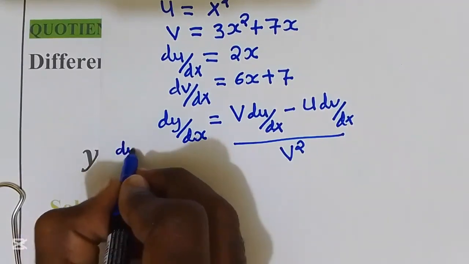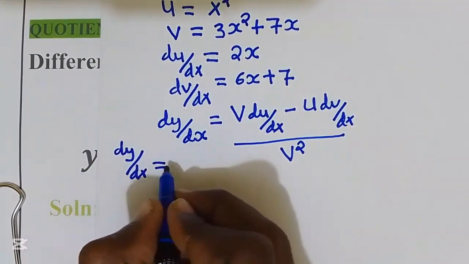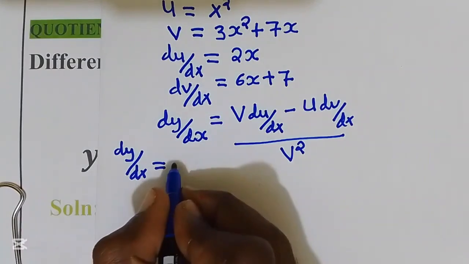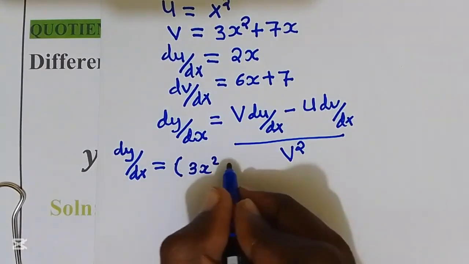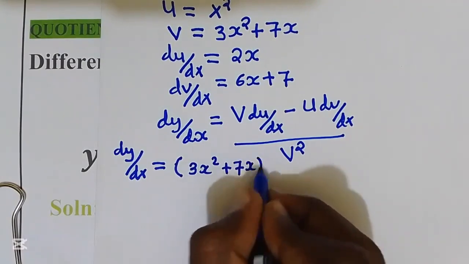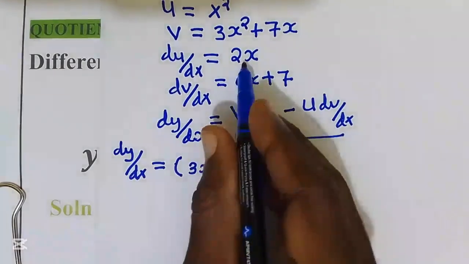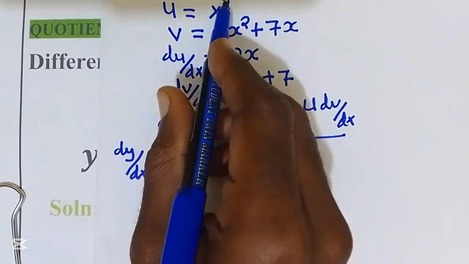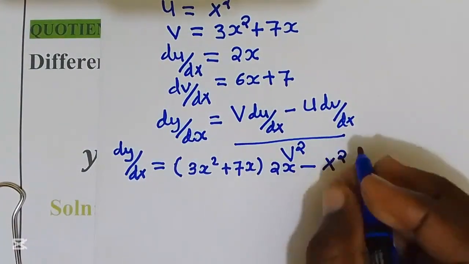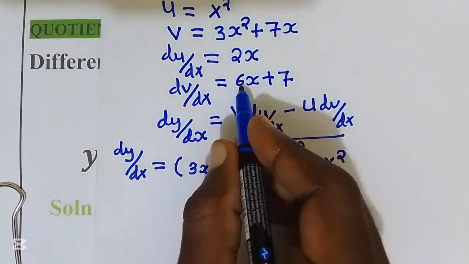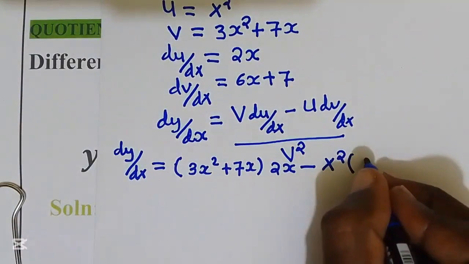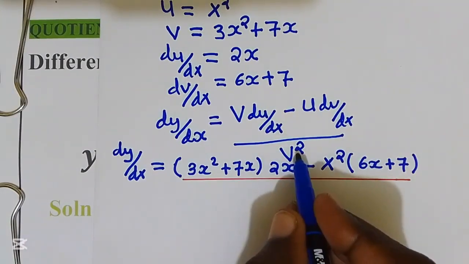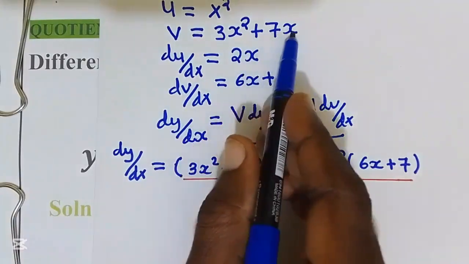That is, dy/dx is equal to, my v is equal to 3x square plus 7x, multiply by du/dx, which is 2x. Take away u, which is equal to x square, multiplied by dv/dx, which is equal to 6x plus 7, over v square. v is equal to 3x square plus 7x.